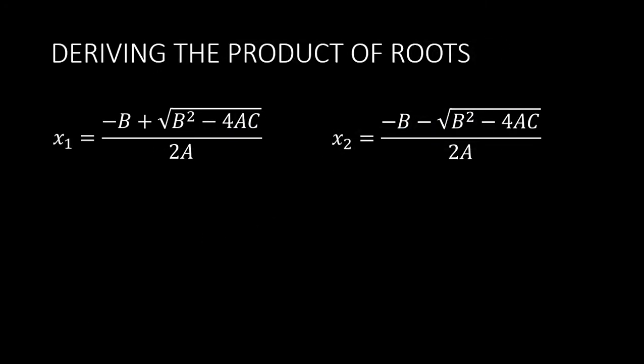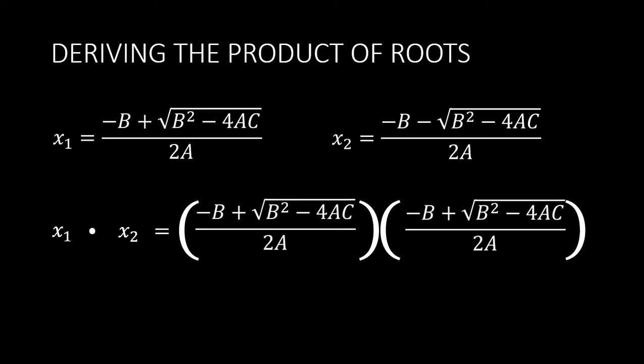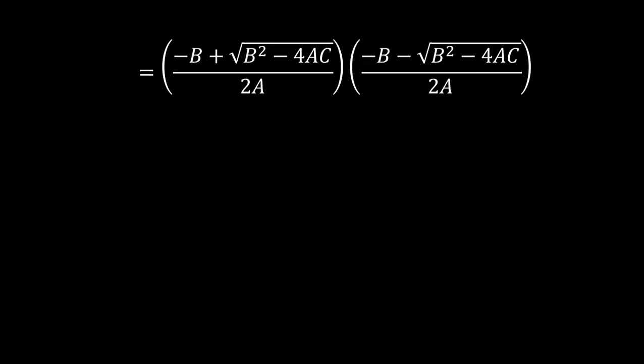So if I am about to derive the product of roots, of course, I will multiply the x of 1 and the x of 2. Like this, x of 1 times the x of 2. So, multiplying that expression, that will result now to this. And by simplifying it further, as you can see sa mga expressions sa numerator, ma-apply dito yung product of sum and difference.